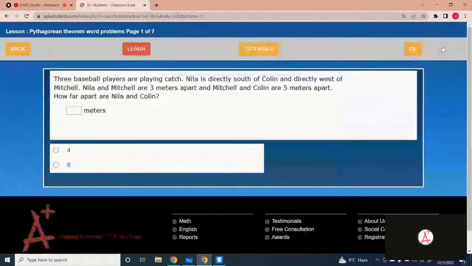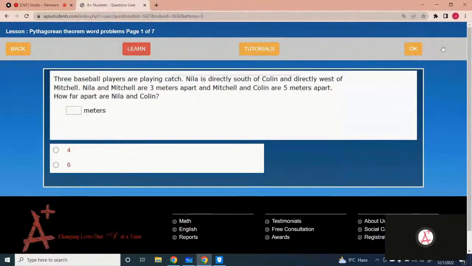Three baseball players are playing catch. Neela is directly south of Colin and directly west of Mitchell. Neela and Mitchell are 3 meters apart, and Mitchell and Colin are 5 meters apart. How far apart are Neela and Colin?